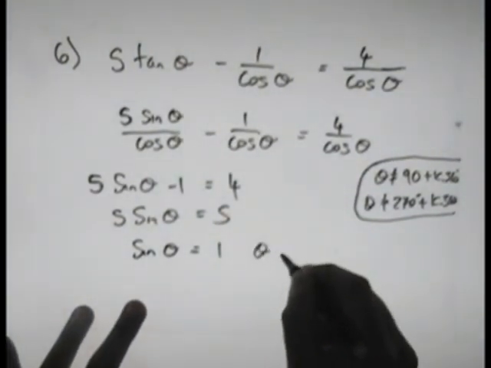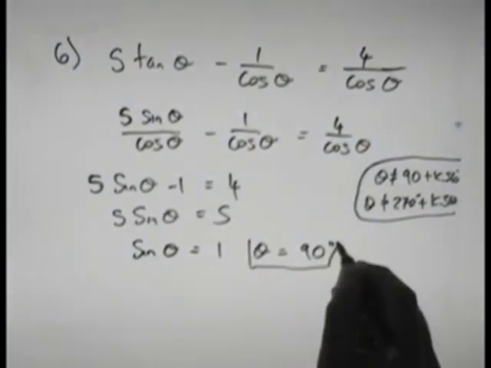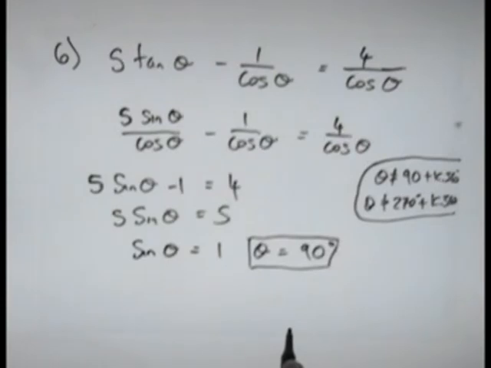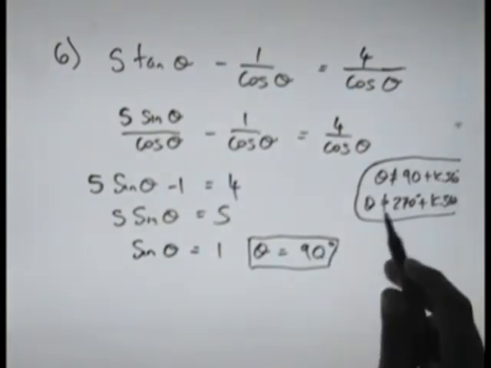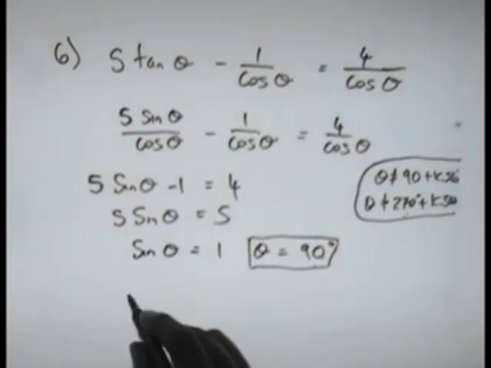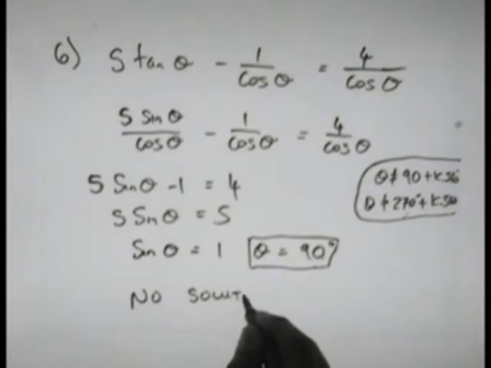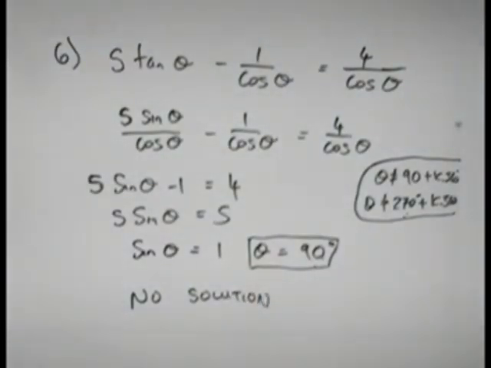That means that theta is equal to 90 degrees, and this is our reference angle. Our reference angle conflicts with our restriction, which means that there is no solution to this example. There are no theta values that will make this valid because our denominators will be 0, which makes them undefined.